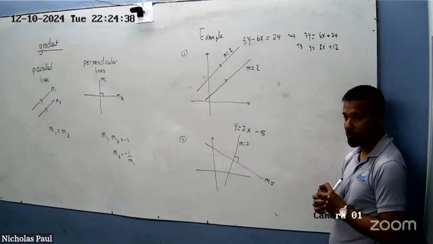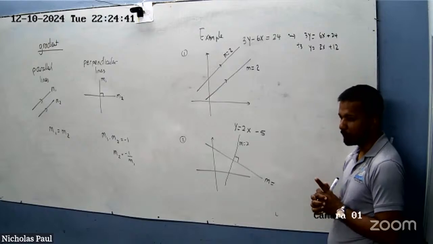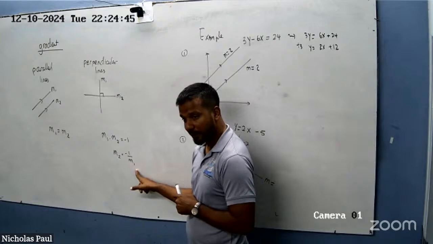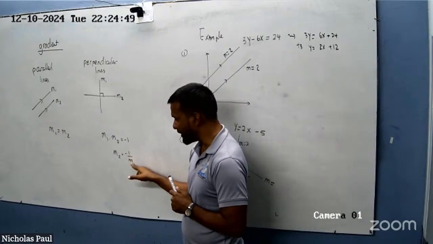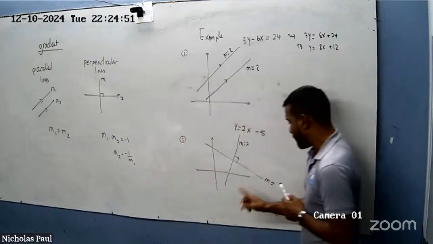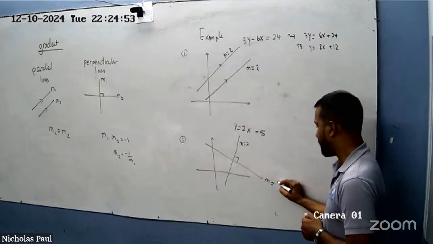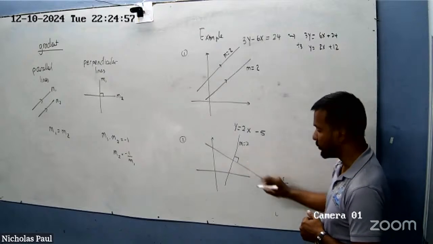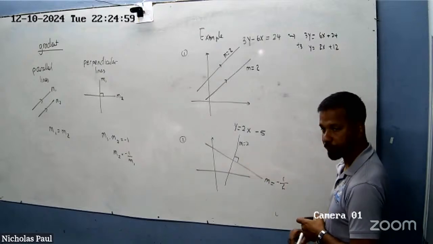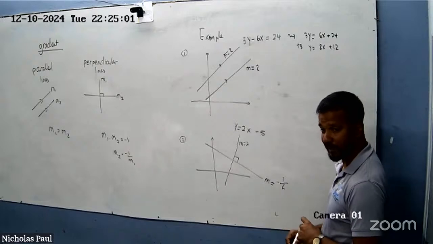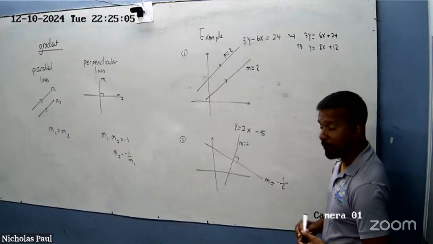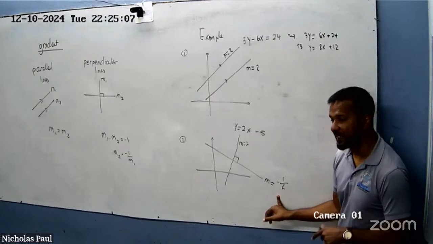-2, for sure. And it says -1 over the next gradient. So it's -1 over the next gradient, which is 2. That's it, -1/2. This is also called the negative reciprocal.